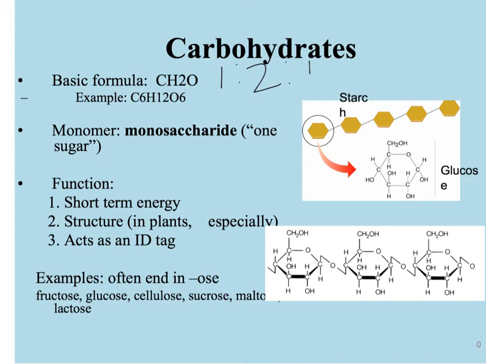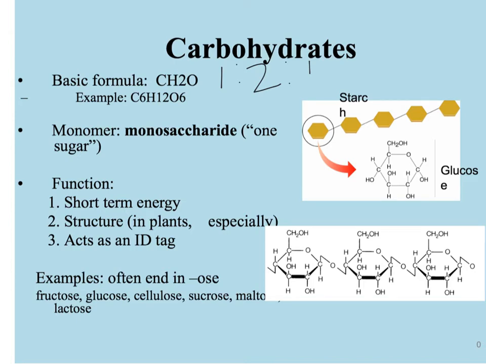Bacteria enters your body, and it sends off alarms because it does not have your ID tag attached to it. So it knows it's a foreign particle, and it starts an immune response. They also act as a receptor for medicines and things like that to attach to the cell membrane.